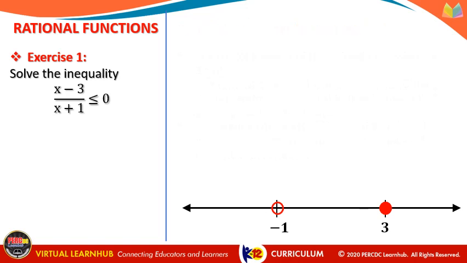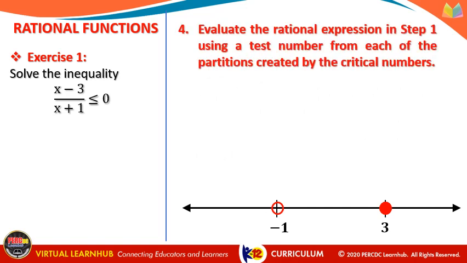Alright. Next step, evaluate the rational expression in step 1. Again, yung 0 yung right side. Using a test number from each of the partitions created by the critical numbers. Let's take a look at our number line. Ilang hati meron tayo ngayon? As you can see, 3 hati, no?